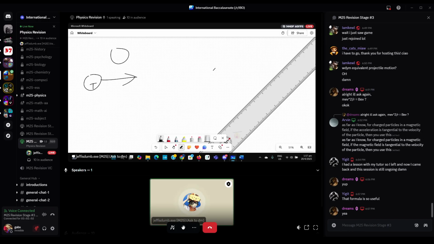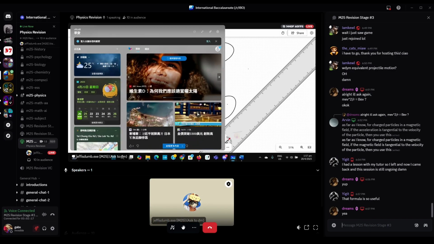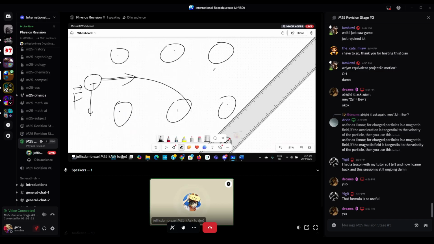Let's say we have the field pointing out of the page. Using the right-hand rule, we have the force F exerted this way. So then it'll bend this way, right?